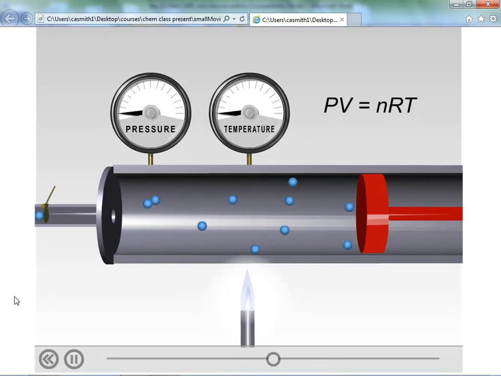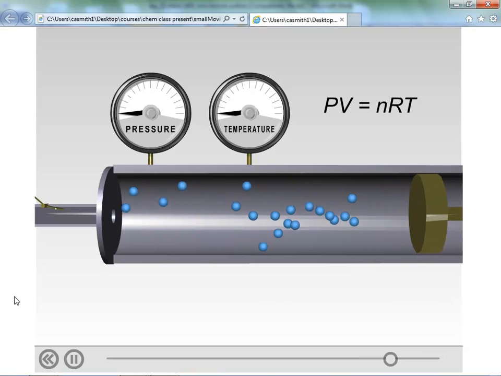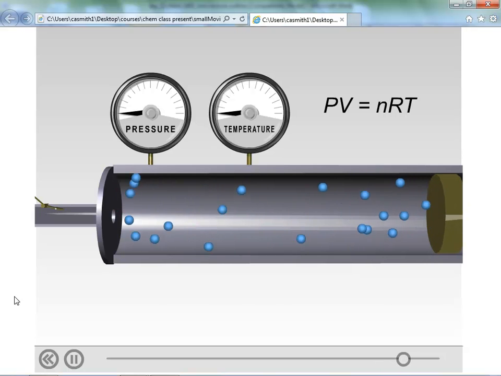Increasing the temperature results in increased kinetic energy for the atoms. The result is an increase in both temperature and pressure. Removing the heat source allows the kinetic energy of the atoms to dissipate to the surroundings, and the system returns to original conditions. With pressure and temperature held constant, additional atoms can be added to the cylinder. This results in an increased volume in the cylinder. If we double the number of atoms, the volume will double under these conditions.